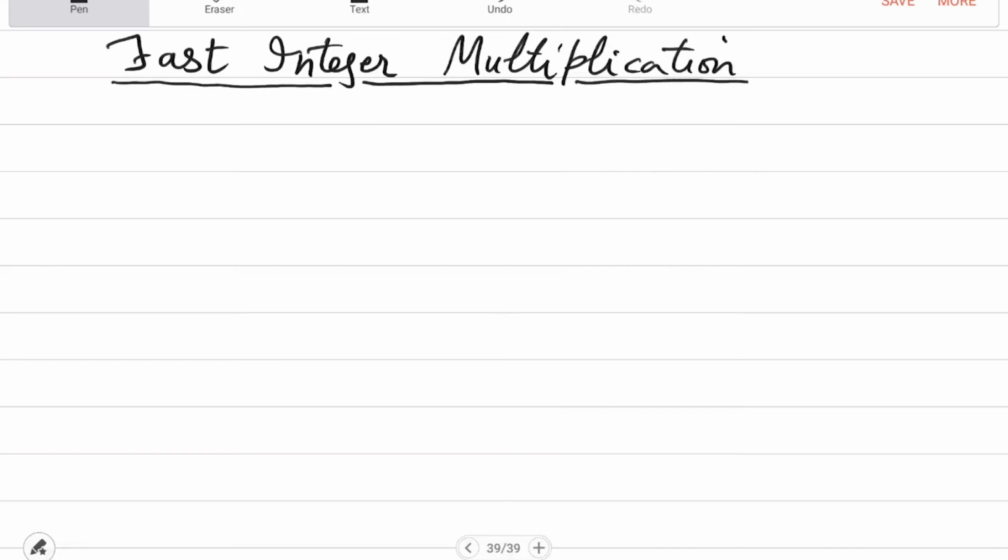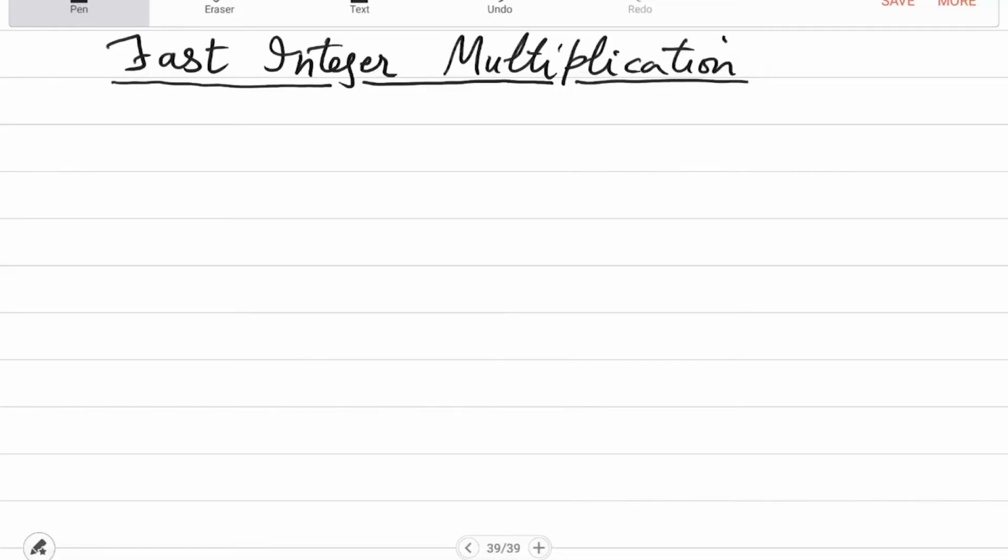For 2L bit integers, you already know an algorithm to multiply them in L square bit operations. So L square actual time. How do you make it faster? With all the algebra that you have learned till now, how do you bring it below L square?